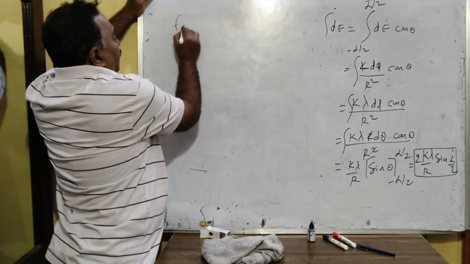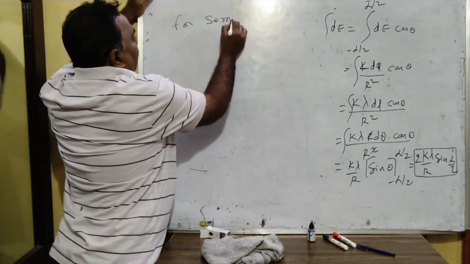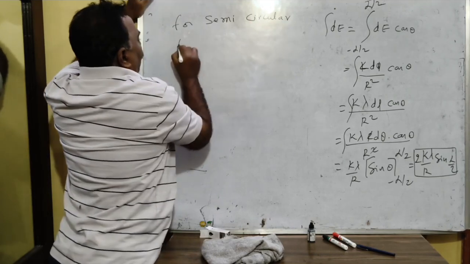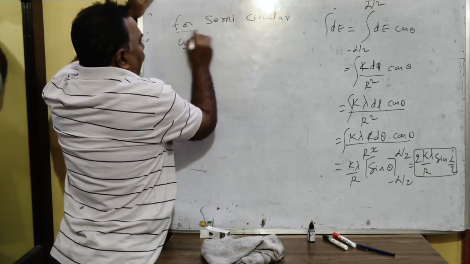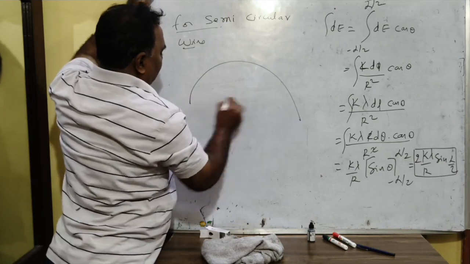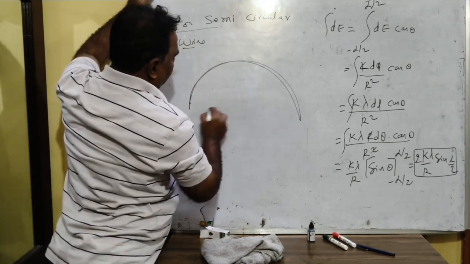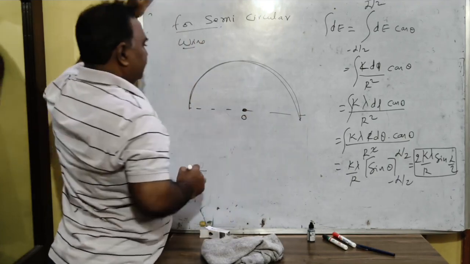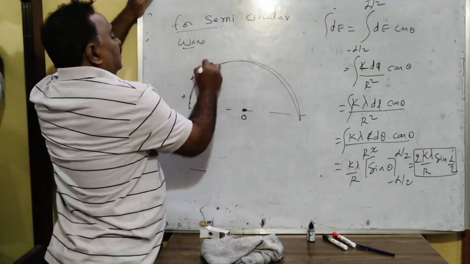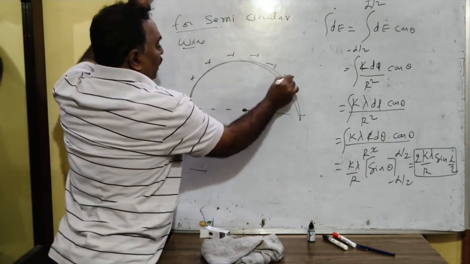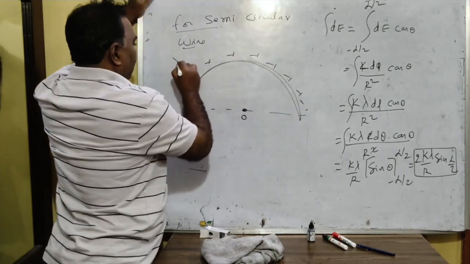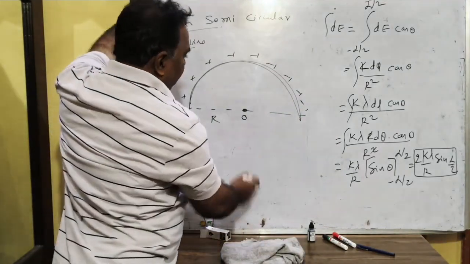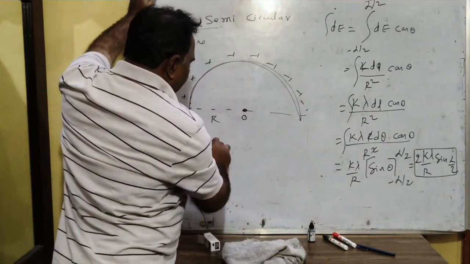That's why, for a semicircular wire, what is the electric field at the center of the semicircular wire? Let the uniform charge be distributed here also. Linear density is lambda, radius is r. So directly apply here, no need to derive. That's why, what is the electric field?